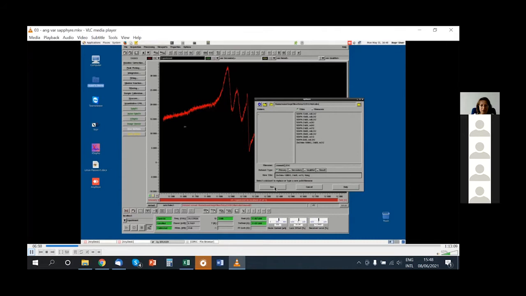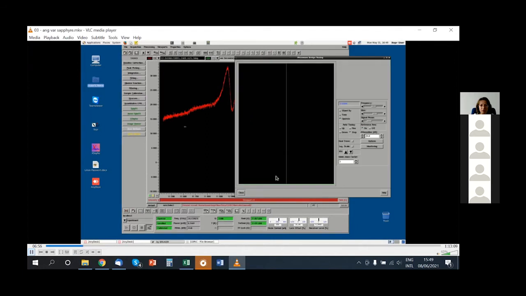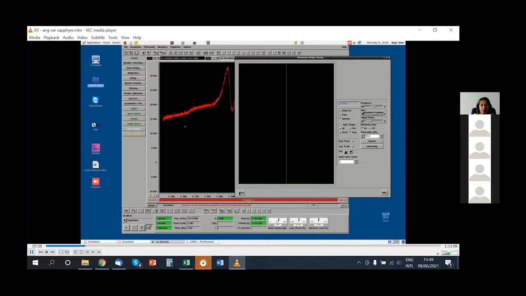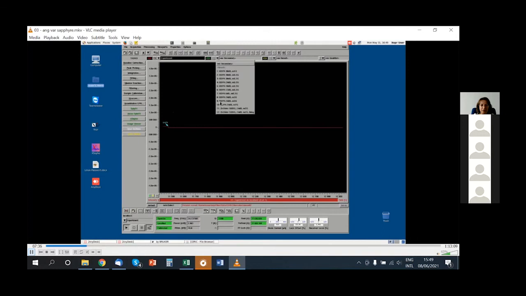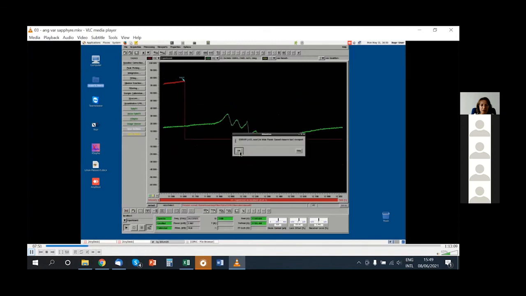So this is the first spectrum. Then we are optimizing parameters. We are checking the line width to not have too much modulation amplitude. And we are now increasing the power in order to have a higher intensity. And we will check if it's saturated or not.